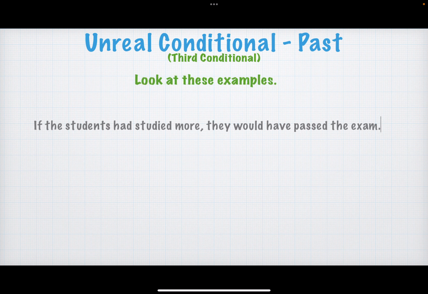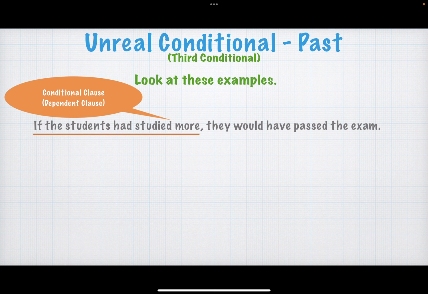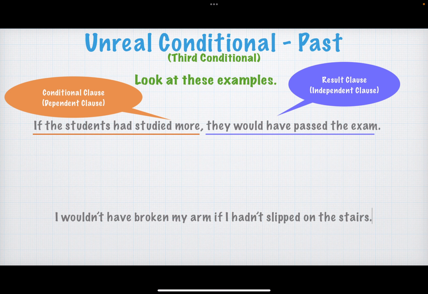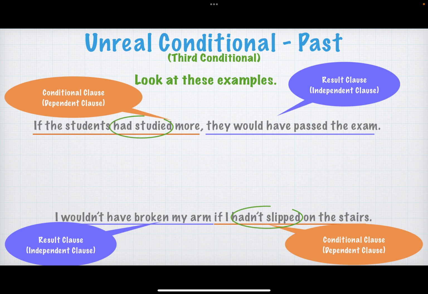If the students had studied more, they would have passed the exam. Here's my conditional clause, and here's my result clause. I wouldn't have broken my arm if I hadn't slipped on the stairs. My conditional clause here, and my result clause here. So take a look at the conditional clauses.